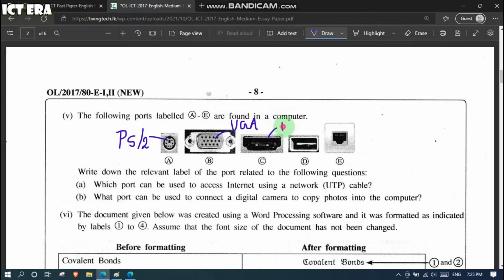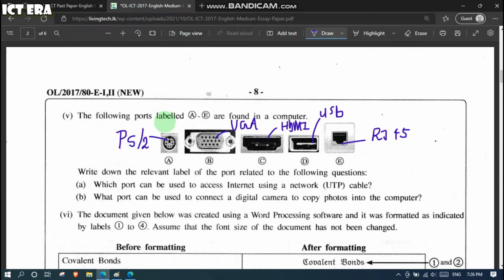Then C is HDMI, and D is USB, and E is RJ45 port.